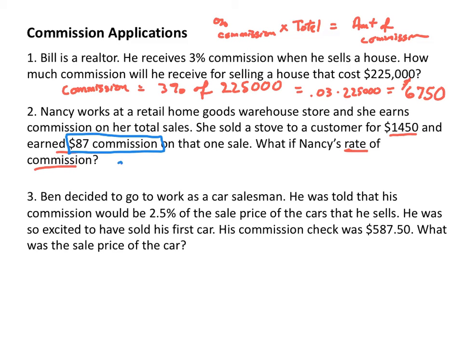So the percent of her commission over 100 would equal the amount of her commission, $87, out of the total sales, 1450. And I would make a proportion like that. Okay, you can also do this by equation. Okay, so if you cross multiply 8,700 and then divide by 1450, sorry.